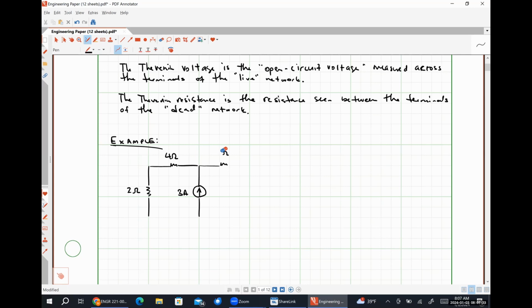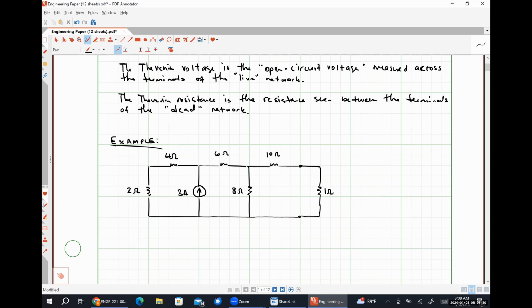Let's make this 6 ohms, sorry. 8 ohms. 10 ohms. And I'm going to draw a pair of terminals here. And let's make this a 1 ohm resistance here.